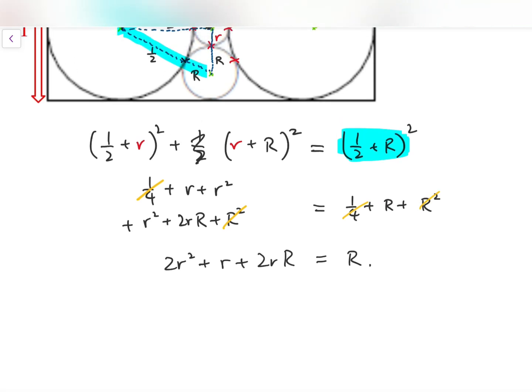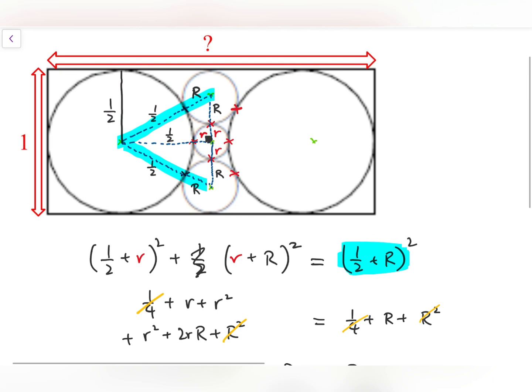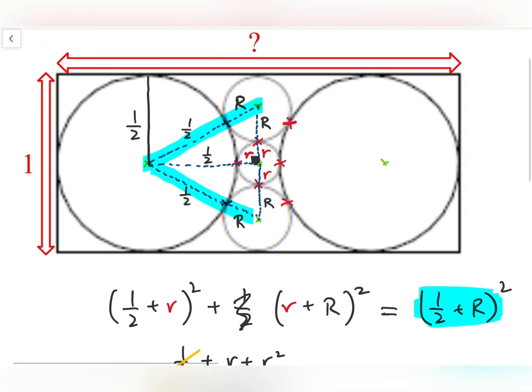We can actually establish a second equation related to big R and small r. I can look at the line in the middle which passes through the three small circles, and the segment has length 1 because it's just the same as the shorter side of the rectangle.